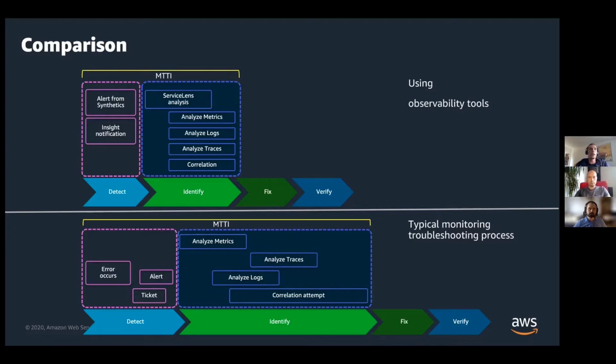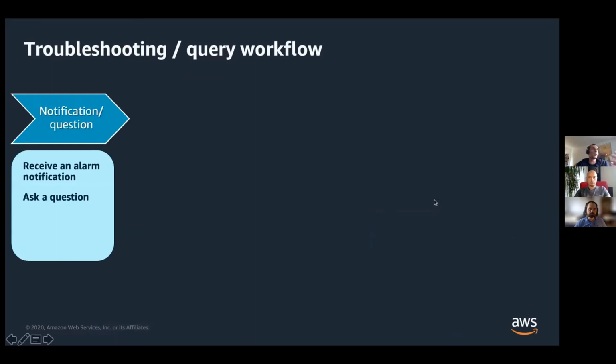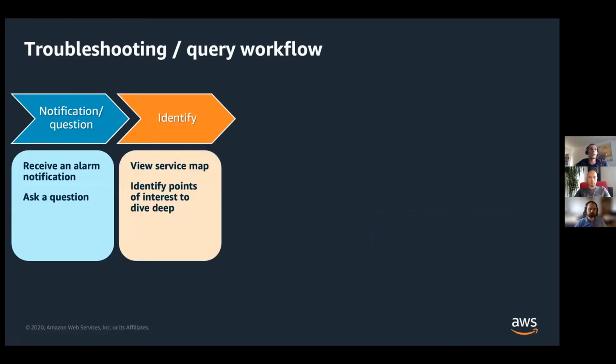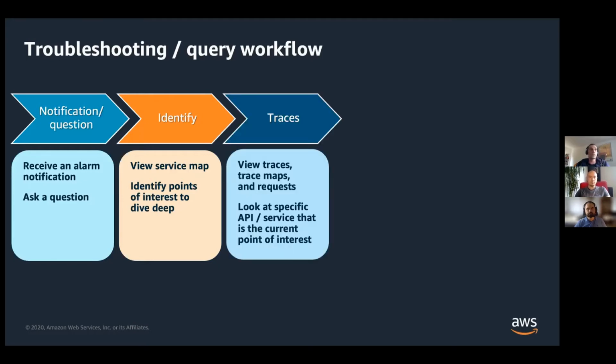So yeah, I just would like to come back on what would be a troubleshooting workflow on a properly instrumented system. You will have an alarm really quickly coming up thanks to the different metrics you've put in place and the synthetic traffic that you created. You would go to a service map to identify the real point that creates this issue, and potentially dig into the traces themselves to really identify the different services impacted.